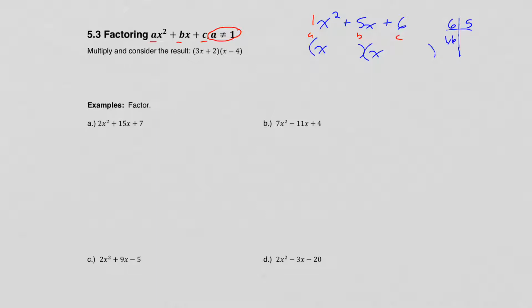So remember, we have 1 and 6, 2 and 3, and because of this sign, we are adding our factors, not subtracting, so that means this is what's going to give us our 5. If you subtracted, you would have to use the other pair, 1 and 6, because 6 minus 1 is 5. But because we're adding, we're going to use 2 and 3.